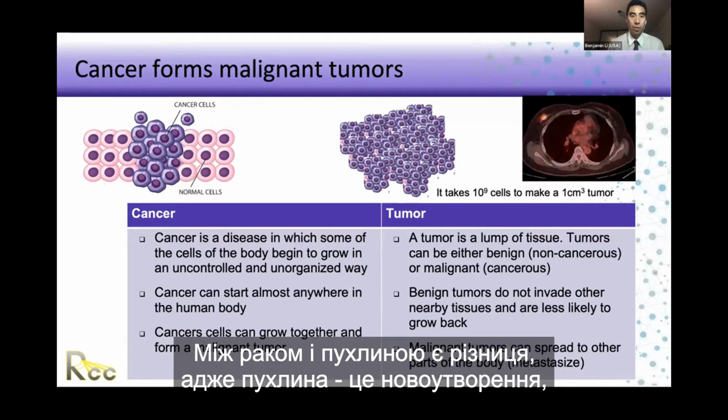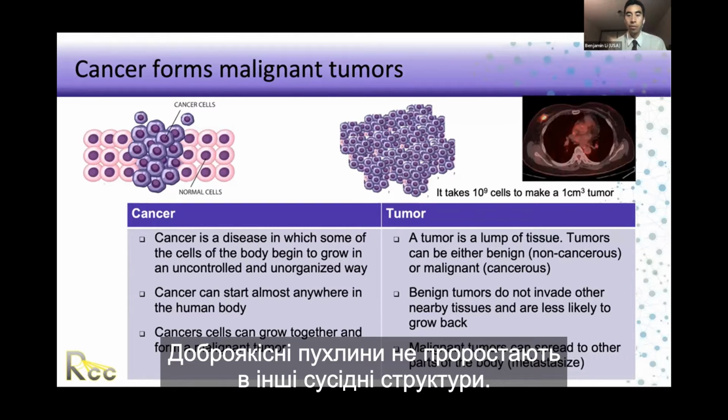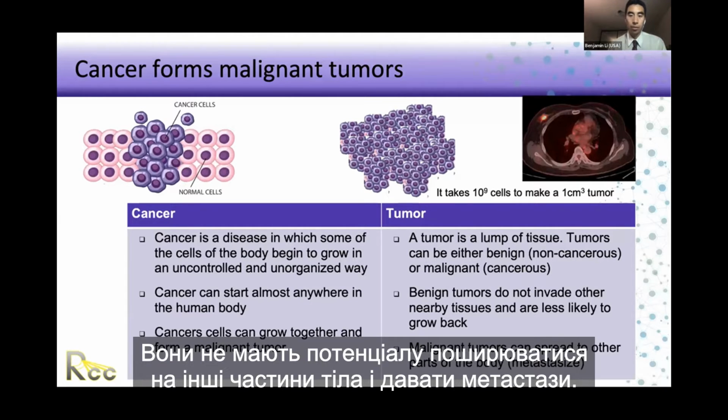There's a difference between cancer and tumor, though, because a tumor is a lump of tissue, and not all tumors are cancer. Some tumors are benign. Benign tumors do not invade other nearby structures. They don't have this potential to spread around to other parts of the body and metastasize.